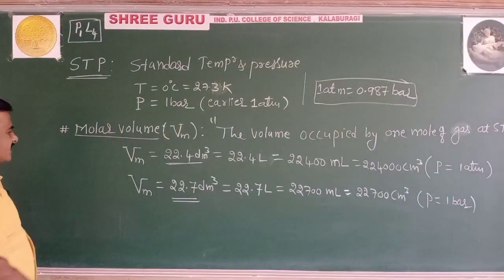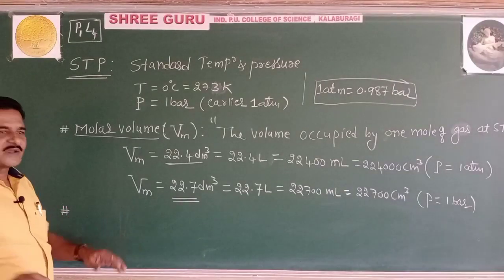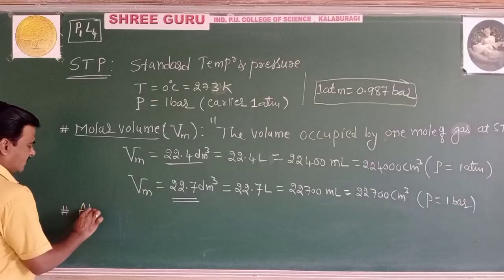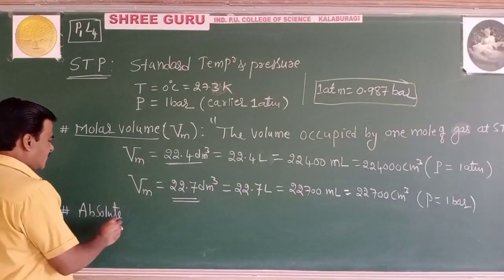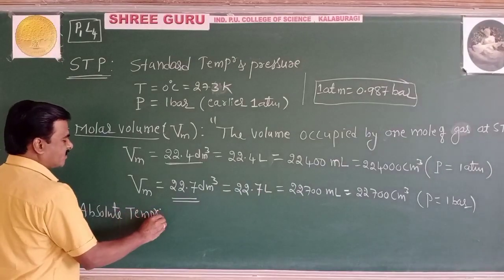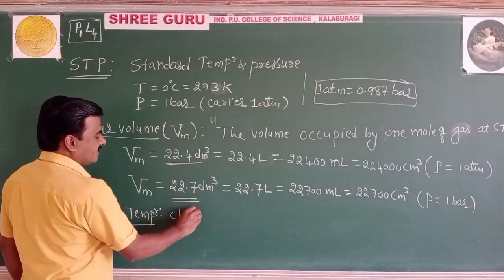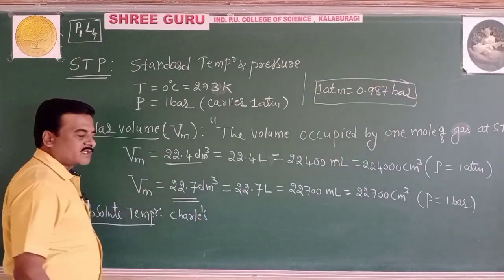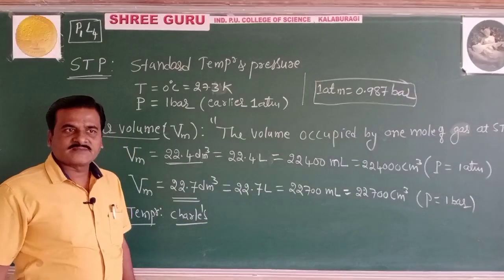Then, next, what is that? The absolute scale of temperature. It is given in the notes, but I will try to explain it here. This concept of absolute temperature was given by Jacques Charles.